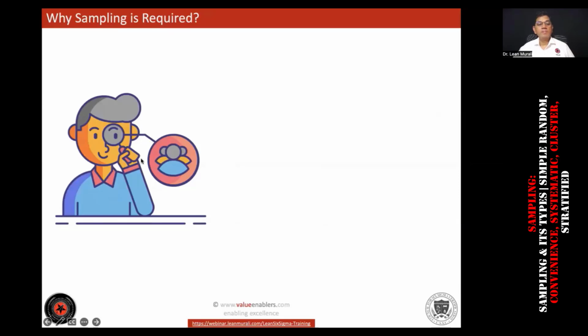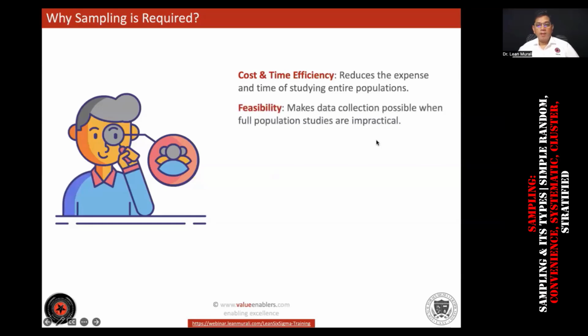Cost saving, difficult for research. Great. As you said, cost and time efficiency, and feasibility, because sometimes it's not practically possible to take the details of the entire population. It may not be accurate and precise if it is not representative.